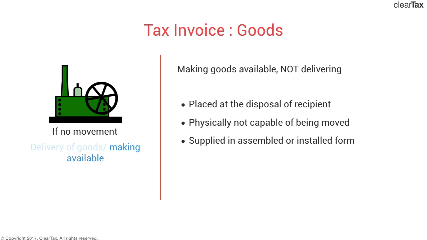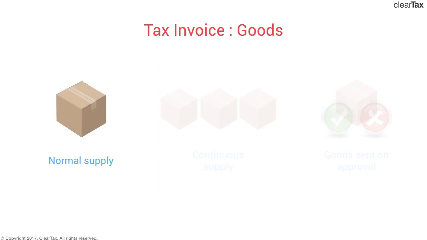Furniture fixed inside a home, it is assembled and installed. Or it is delivered to the agent or principal, to the recipient's agent or the recipient's principal. If the delivery is made to those people, then this is what we call the goods are made available to the receiver. That was the situation for normal supply.